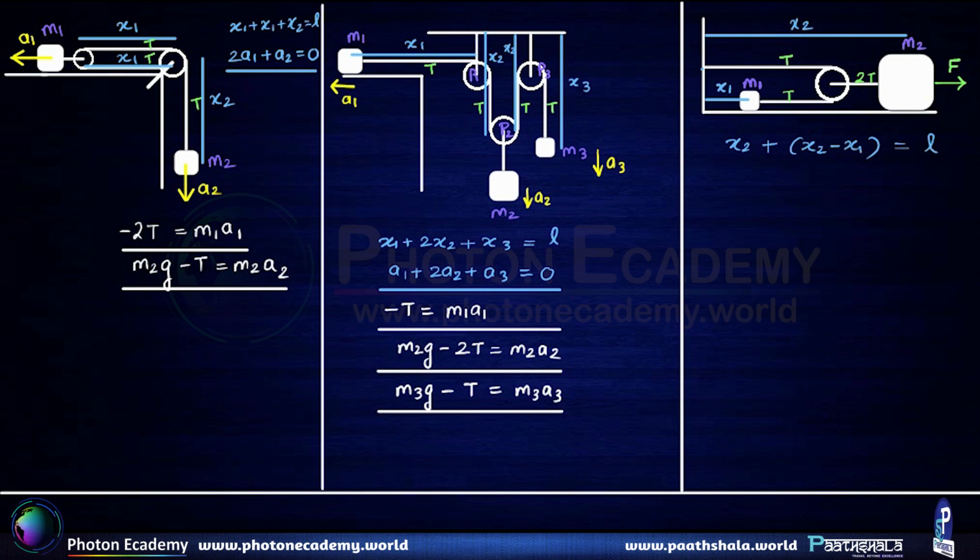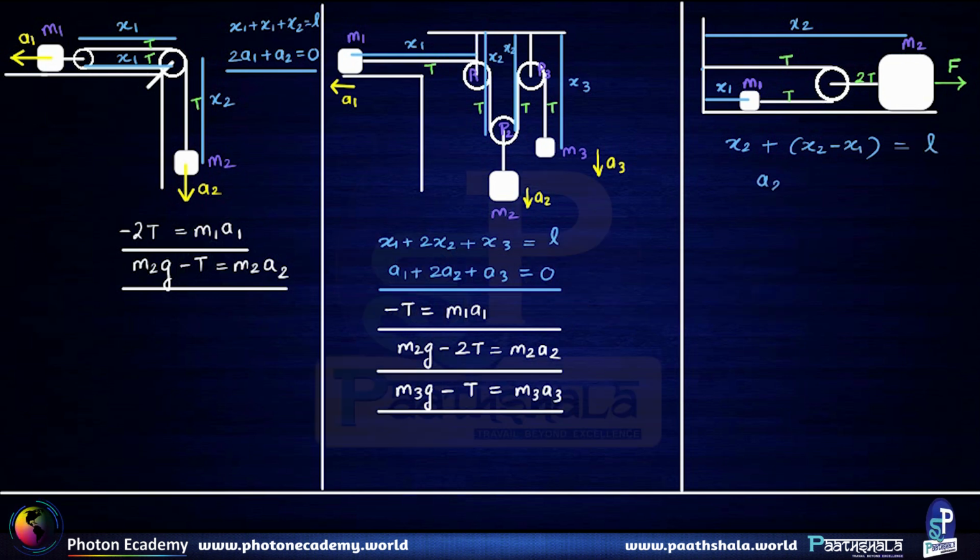On double differentiating, we get 2a2 minus a1 is equal to 0. So this happens to be the constraint motion equation. Now in order to get the Newtonian dynamical equations, we simply have to do the analysis of mass m1. Now we should take the accelerations to be going away from the rigid support.